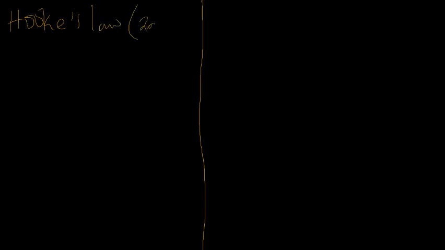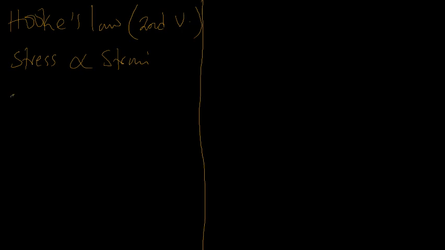Now let's take the second version of Hooke's law. The second version of Hooke's law states that stress is proportional to strain, provided that the elastic limit is not exceeded.